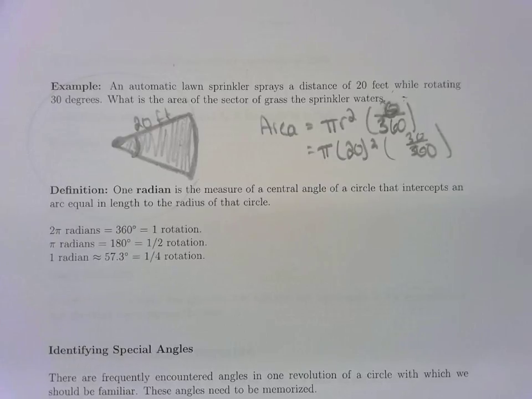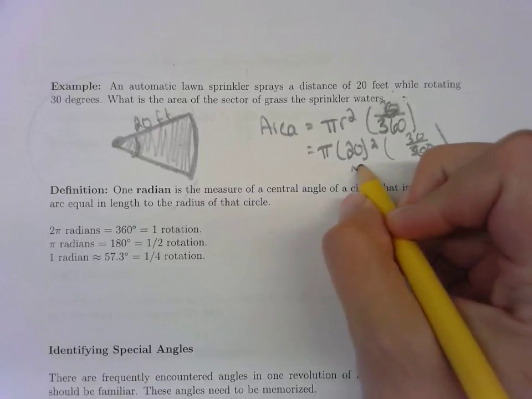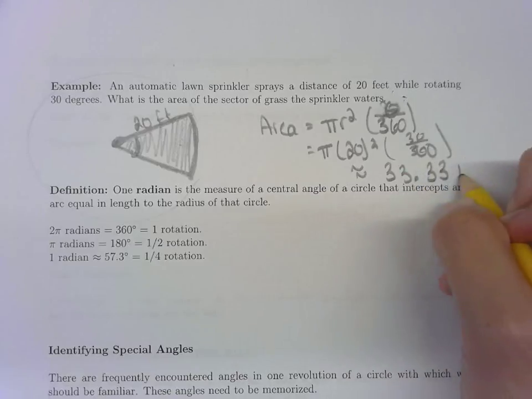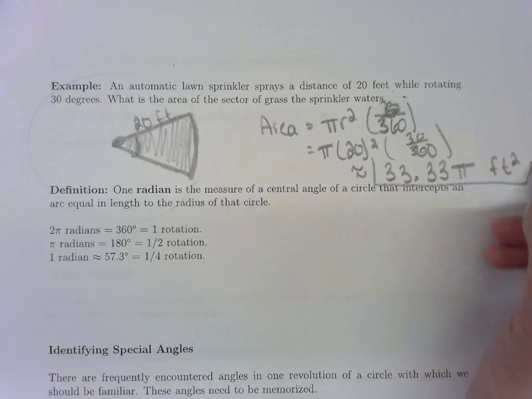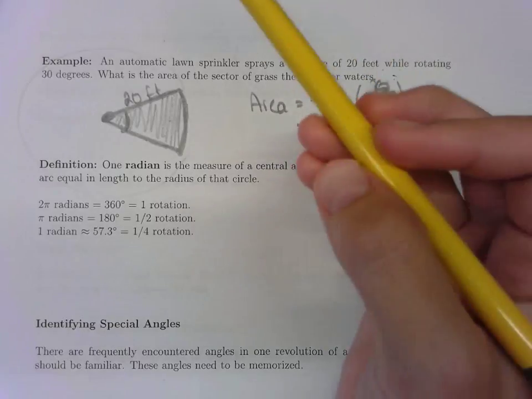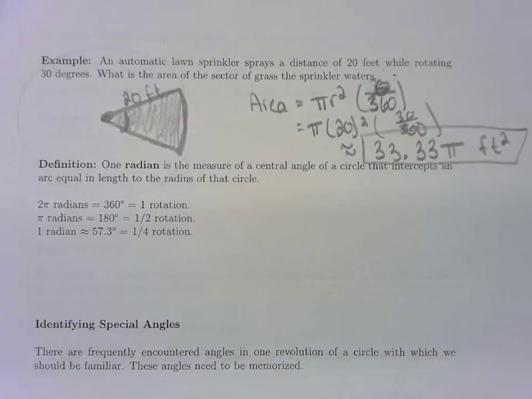So 20 squared times 30 over 360, and I got about 33.33, and then don't forget the pi. The unit we actually have is feet squared. So if you were to multiply that by pi, you would get about 104.72 square feet. So that's what this sprinkler covers.